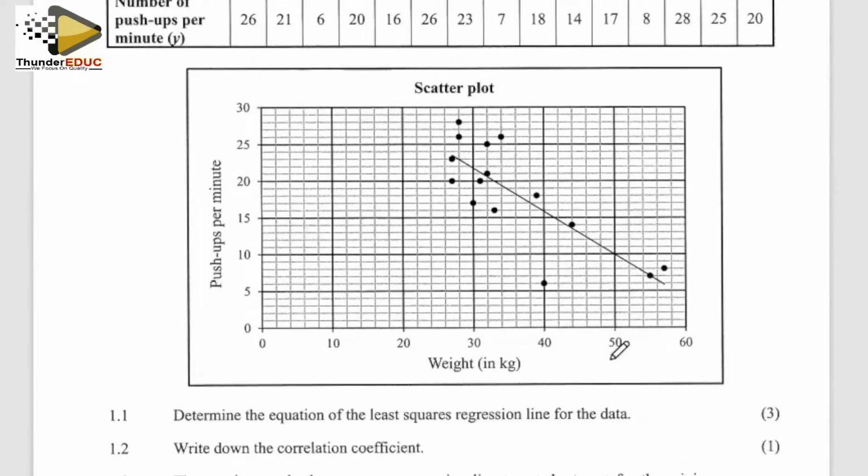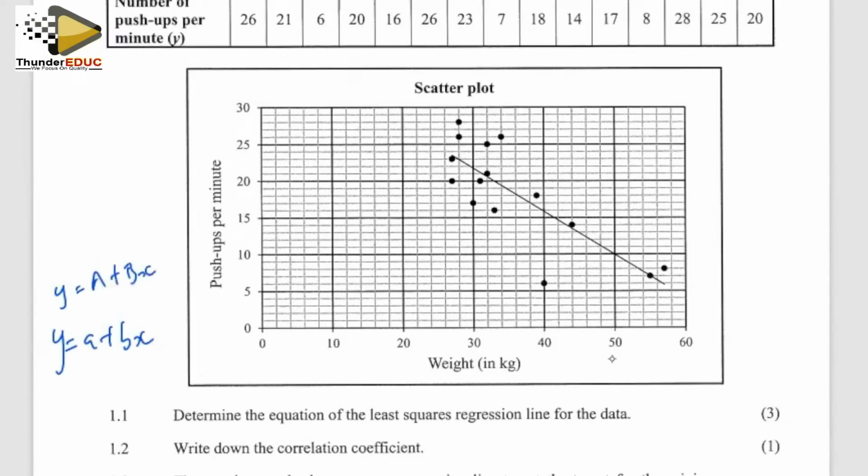1.1, they're asking us to determine the equation of the least square regression line for the data. We know that equation is given as Y equals A plus BX. Some people would choose to write it as A plus capital B, X. It does not matter.